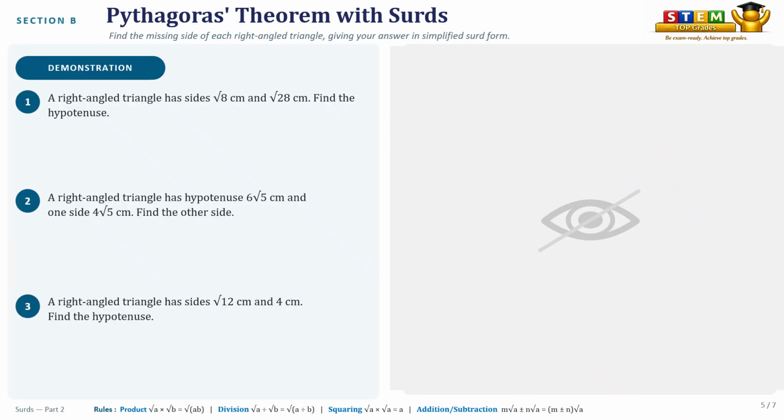Okay, we're going to apply Pythagoras theorem with surds. A right angle triangle has sides root 8 and root 28. Let us see what we got in that case. So in order to apply the Pythagoras theorem, let's draw a triangle.